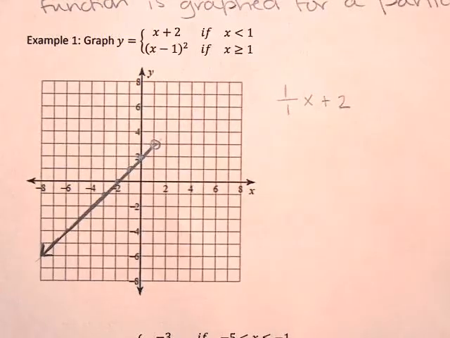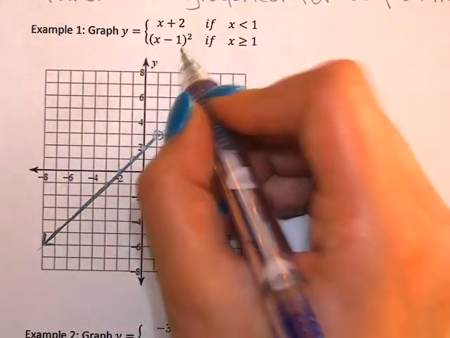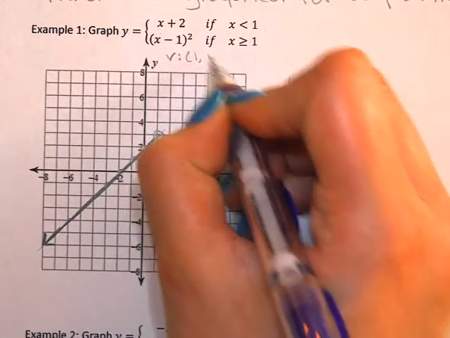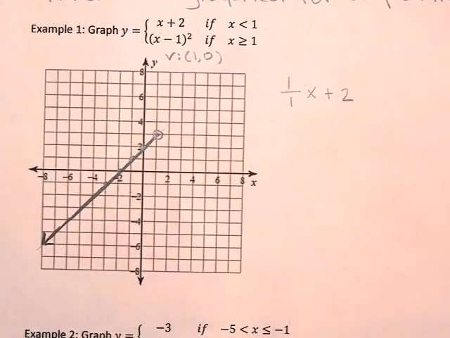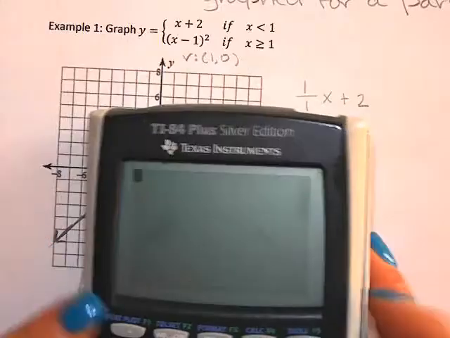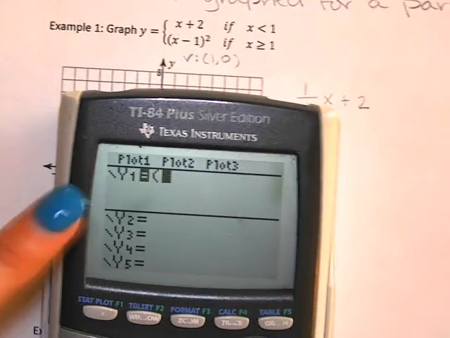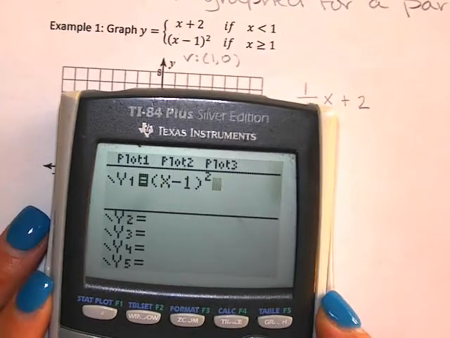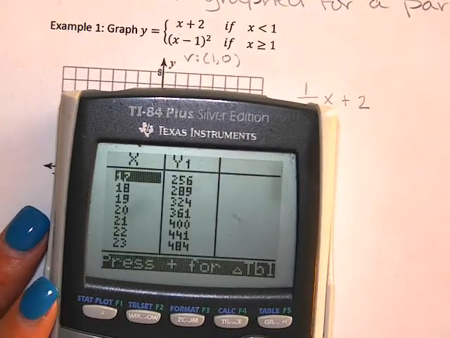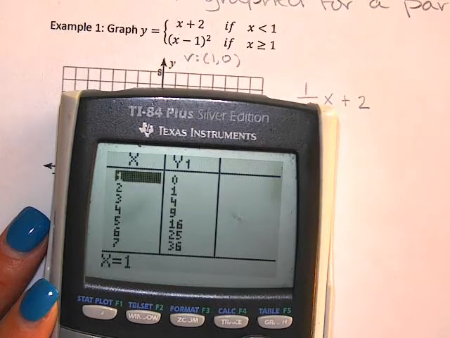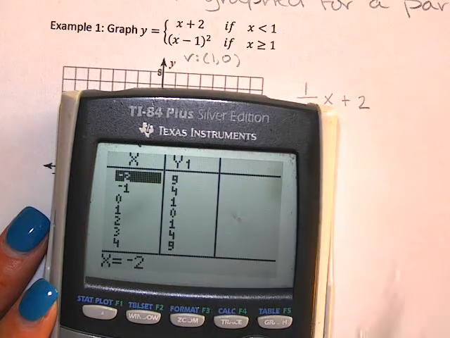So that's a quadratic or a parabola, and it would have a vertex of (1, 0). And so when I graph this and look at my table, (1, 0) is what I'm going to be looking for to make sure that I get all the points that I need. So (1, 0) is right there.